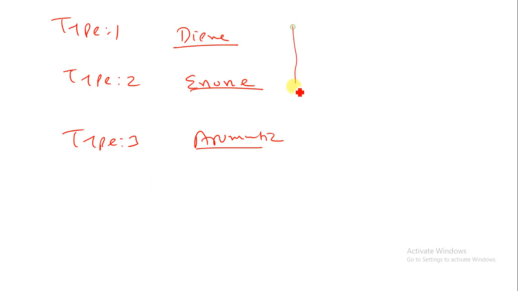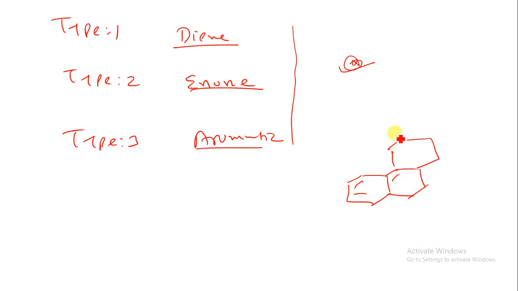Now what you have to do is practice these examples. Type number 1, 2, 3, and write down all the rules and regulations on one page. Then, if I have to practice a diene system, let's draw this type of structure, whatever is in your mind, draw it here and find the lambda maximum.